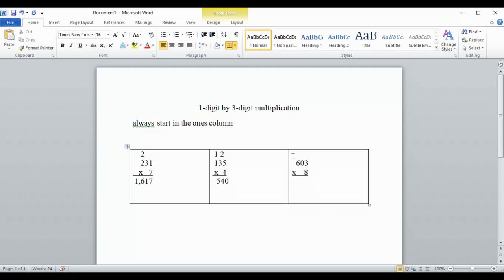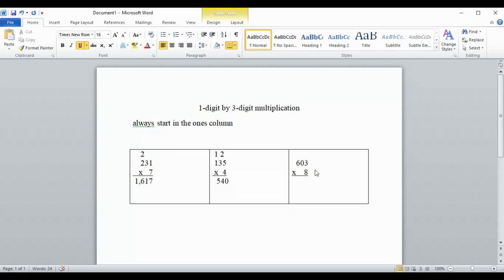Now we're going to multiply here. This has a 0 in it. We multiply 0 the standard way, but occasionally zeros present some challenges for fourth graders. 8 times 3, that is 24.